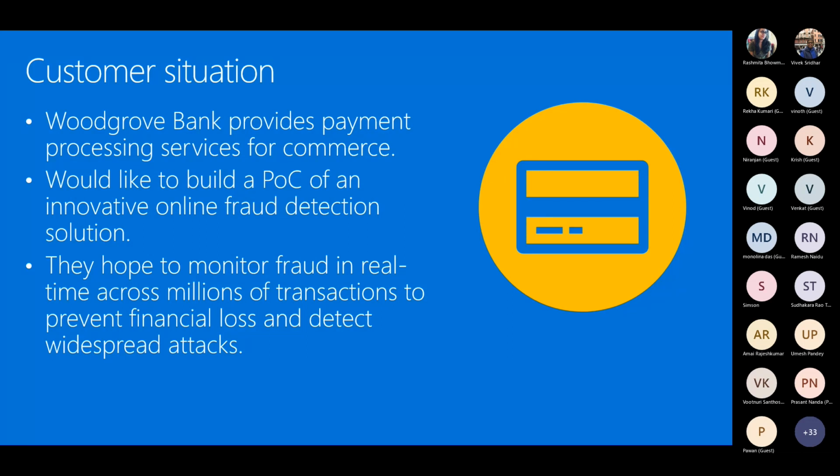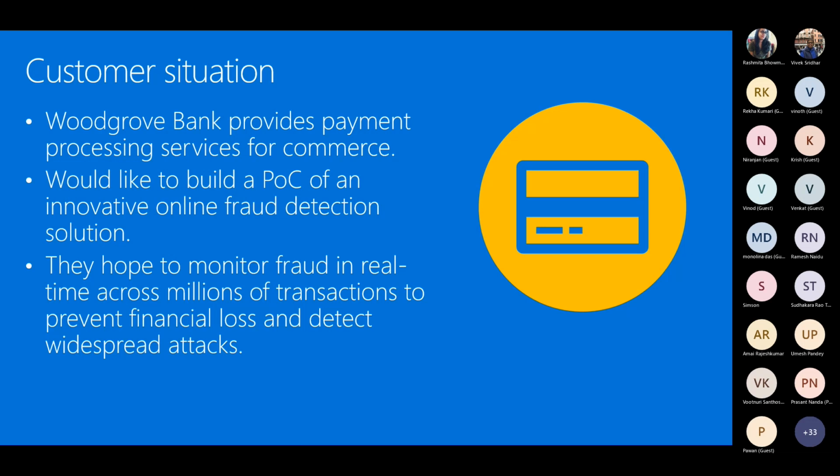So whenever any fraud happens, any financial crime, money laundering, funding for terrorist activity, or anything like that happens, or maybe anyone sues the bank because of a fraudulent transaction in which the bank was involved, big banks like Woodgrove are fined a lot by the government or by the institutes, and at times they have to pay an even bigger amount than what was lost due to the fraudulent transaction.